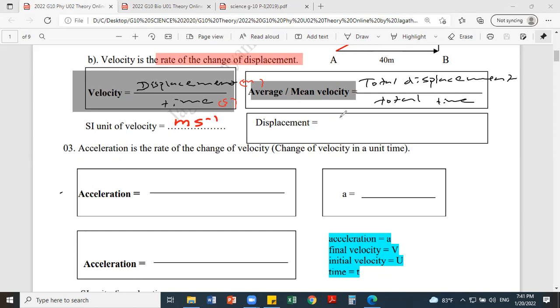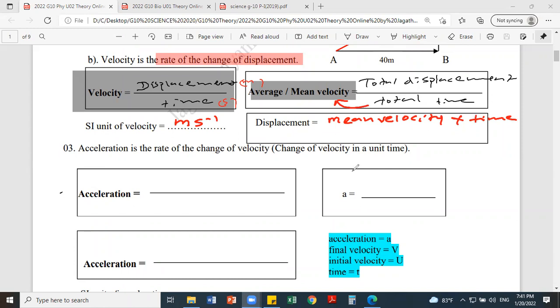So then how to calculate the displacement? Displacement equals what? Average velocity or mean velocity into time. You can take time to this side. Look at this. Displacement equals mean velocity into time. If you want the mean velocity, you can get it by taking the initial velocity and the final velocity, adding them and dividing by 2.